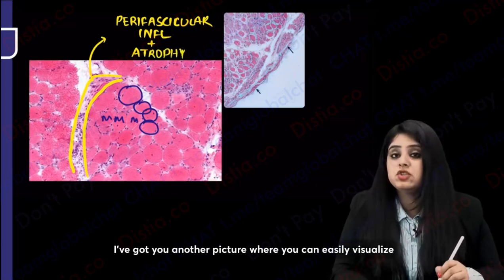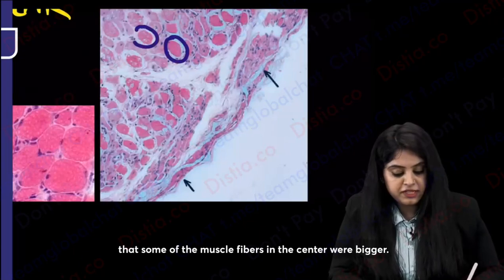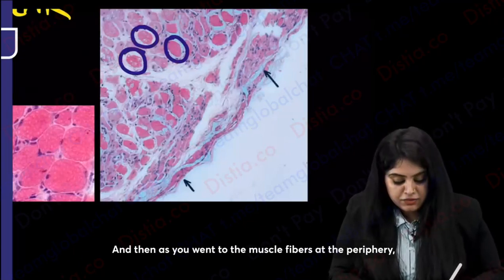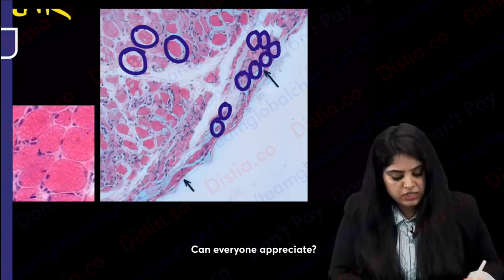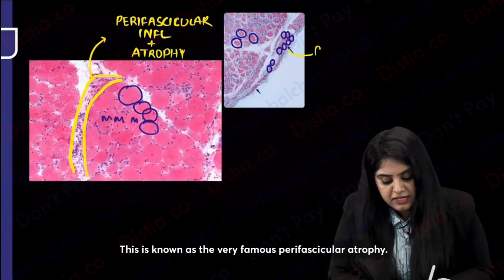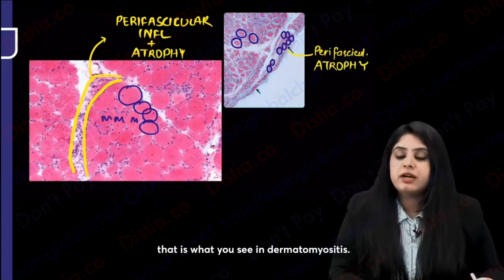I've got you another picture where you can easily visualize that some of the muscle fibers in the center were bigger, and as you went to the muscle fibers at the periphery, they have become very small. Can everyone appreciate? This is the very famous perifascicular atrophy. That is what you see in dermatomyositis.